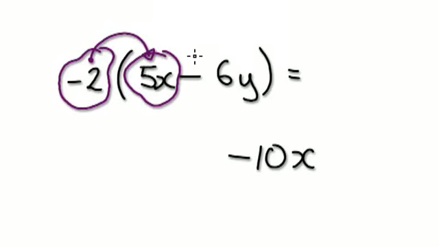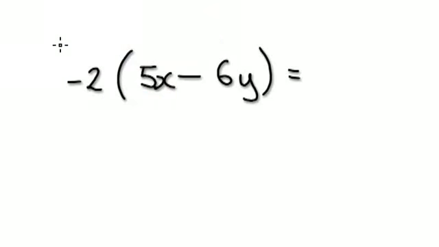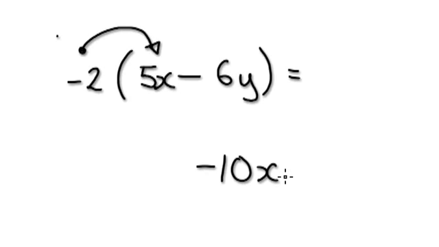Okay, and now this is the weird thing. You've got to get this bubble, multiply it with this thing here, but then you've got a minus here, and you've got a minus here. Well, develop your own technique. It actually becomes plus 12y. So this whole thing, to do this, get this multiplied with this. You're going to have minus 10x.